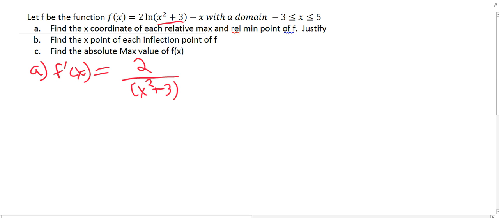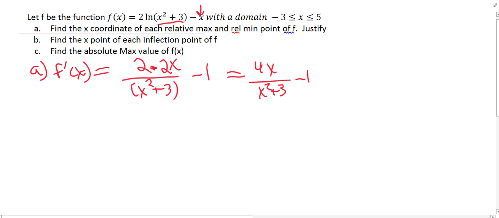And then it's a chain rule. We have to multiply it by the derivative of the inside stuff, which is 2x. And then don't forget that little piece, minus 1. So cleaning that up a little bit, we have 4x over x squared plus 3, minus 1.